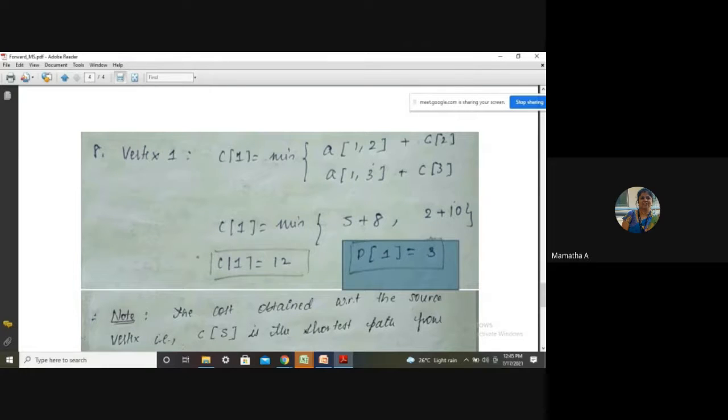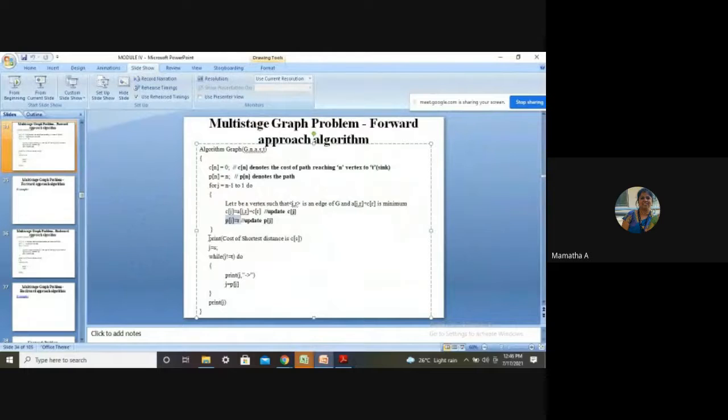So you have to deal with j, that is the vertex value, from n minus 1 to 1. Once it is done, as I told you, what will it give you? It gives the shortest distance path. The cost of the shortest distance path will be C of S. What is S? What node is it?